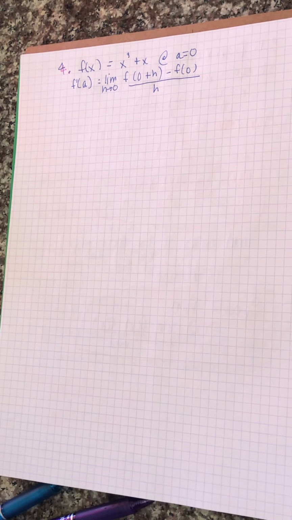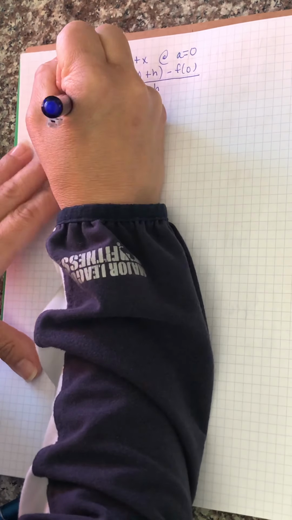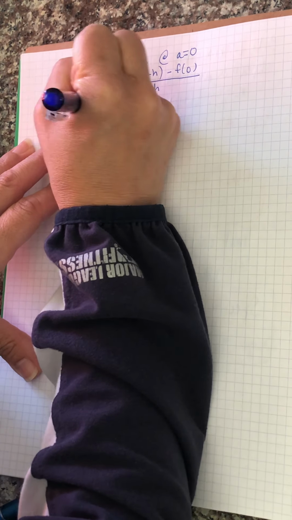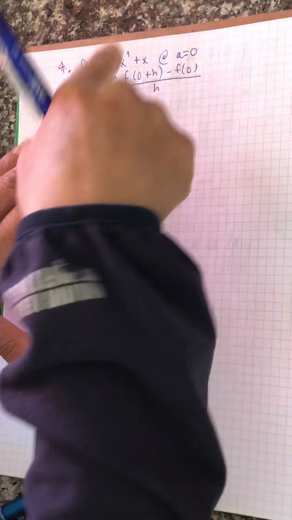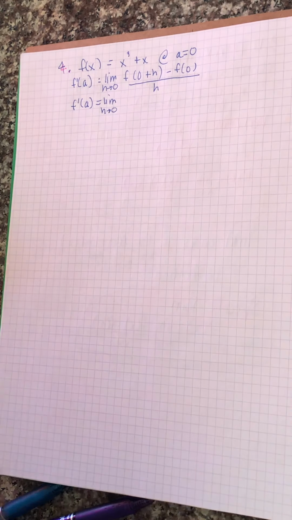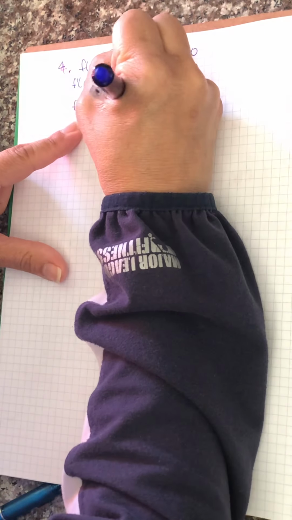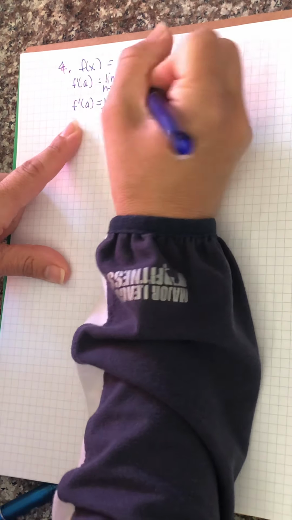Okay, so let's just plug in. This is going to be f prime of a, which is equal to the limit, and yes, you need to write the limit the whole way down when you do the problem. So f of h is h cubed plus h. f of 0 is 0, all over h.